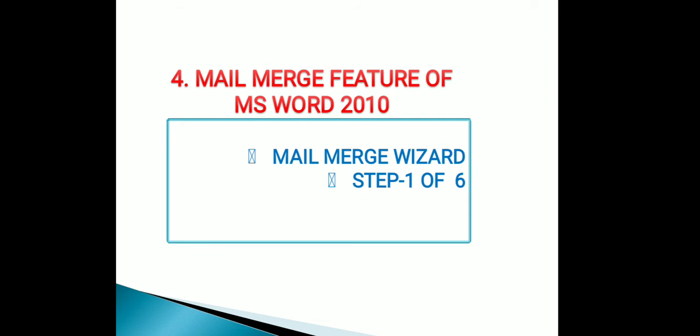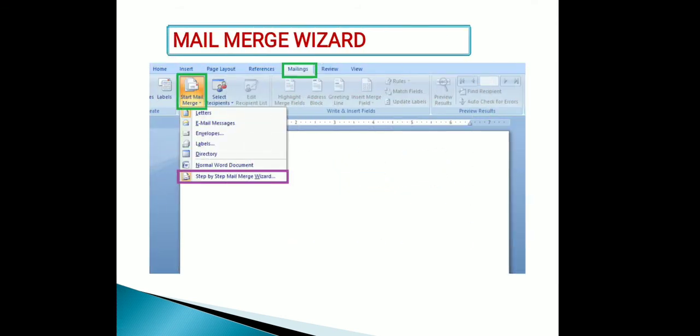Today I am going to explain about the mail merge wizard and step 1 of 6. In the previous class I explained about the mail merge files, main document and data source.